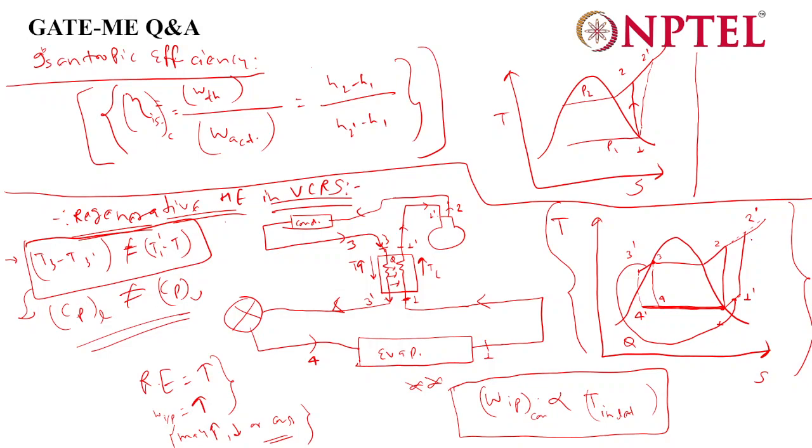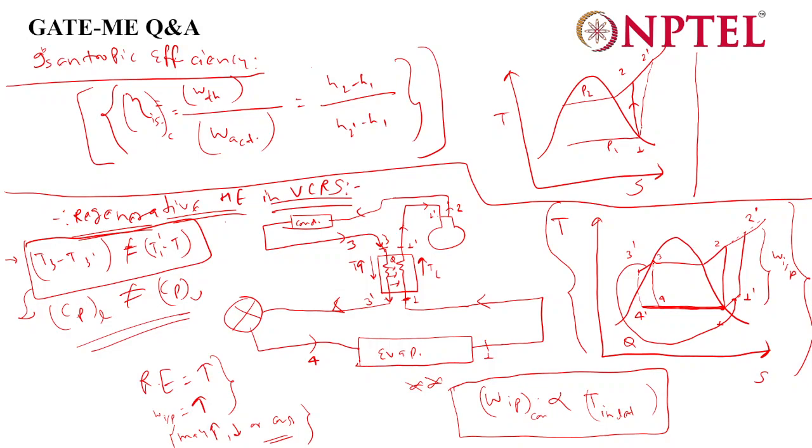From 1 dash to 2 dash. These mistakes you would be committing while solving the problem, so keep it in mind. This would be the work input because you are going to find the COP. Now from here it gets compressed, then comes to the condenser, from 2 to 2 dash to 3.